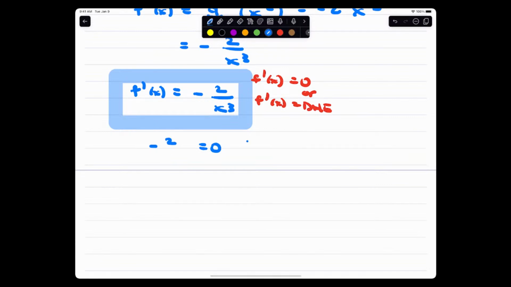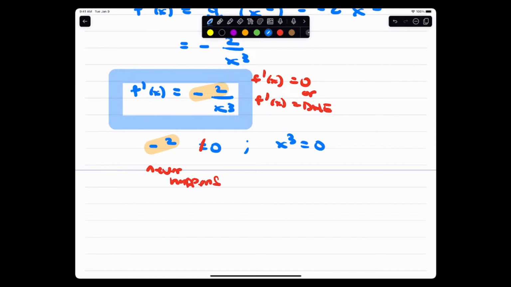The second part says x cubed is 0. So here, this is not what? This does not happen. At negative 2, the numerator could never be 0. We're looking at it that way again. Can the numerator be 0? No, this never happens. It doesn't contribute to the answer.